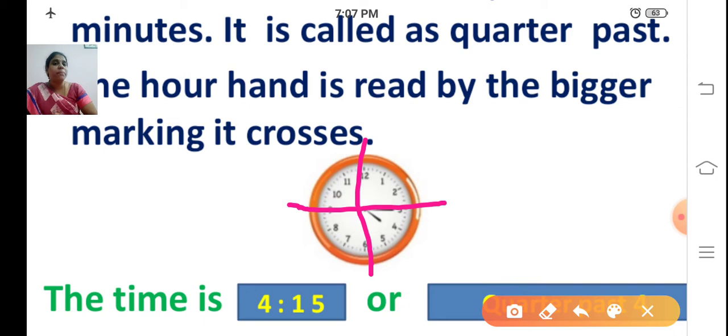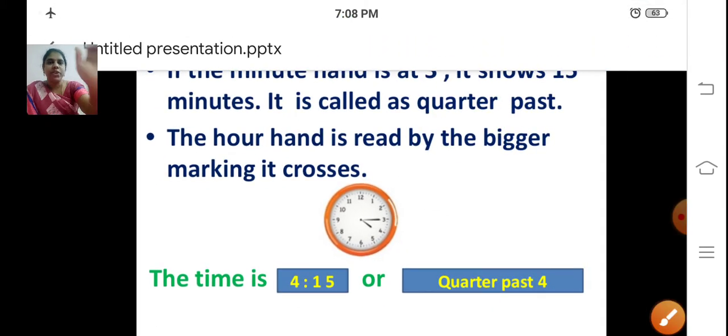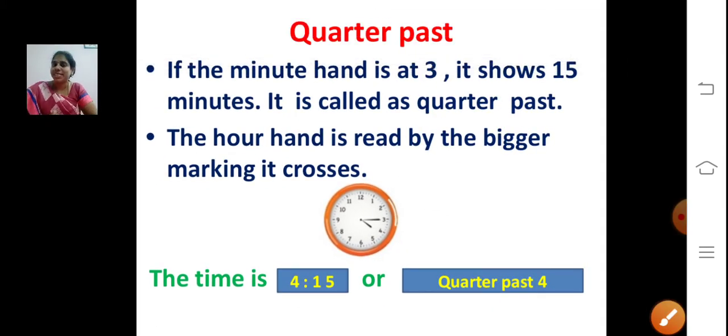Quarter. Usually quarter means 15 minutes. Half means 30. Quarter means 15. One, that is the full whole. If we cut it in half, that is 30. Then quarter means 15. Now we are going to see what is quarter past.